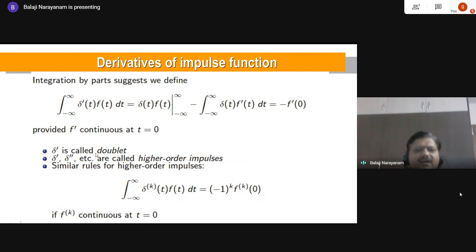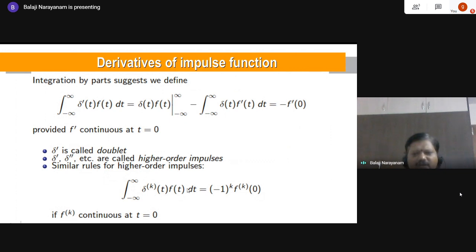The del dash is called a doublet. You may have the higher order, like starting from the del dash, del double dash, you may treat all of them as higher order impulses. So you extend the same for higher orders.